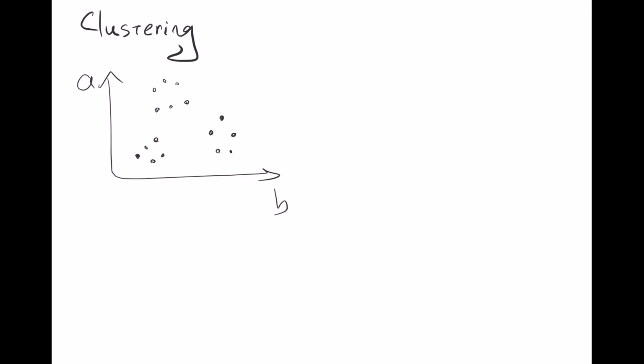So here, how many clusters might you have? 3. So why not 2? Maybe 2. Why not 4? It depends on what kind of range, or what kind of clusters you're trying to build.